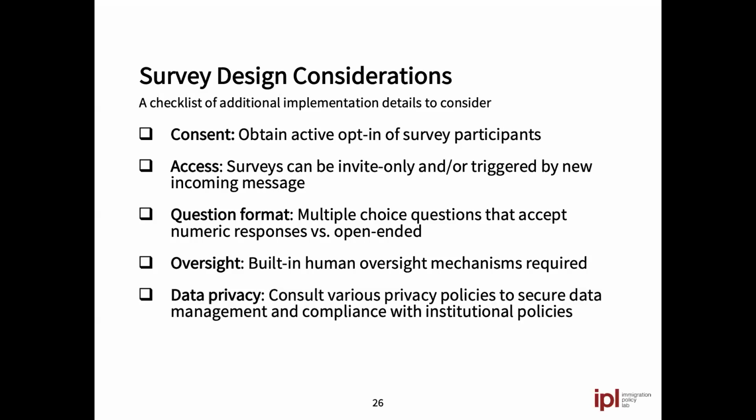Data privacy is certainly not to be underemphasized. It's extremely important when considering this method for your context and whether it's appropriate for your research goals, your program goals, and of course your participants and their safety and privacy. So there are three main things we'd like to flag here.